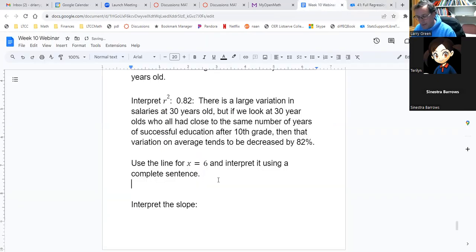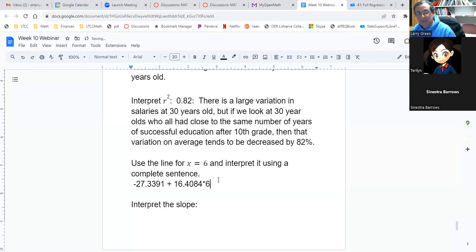Hopefully you see that this is really the same as what we did before, but now it's about education and salary. What do we do to make a prediction for those people who have 6 years of education? What do we do? Yeah, we plug in 6 for x.